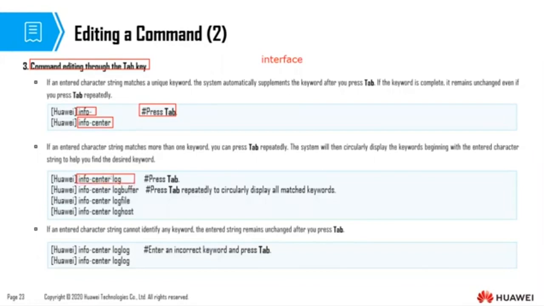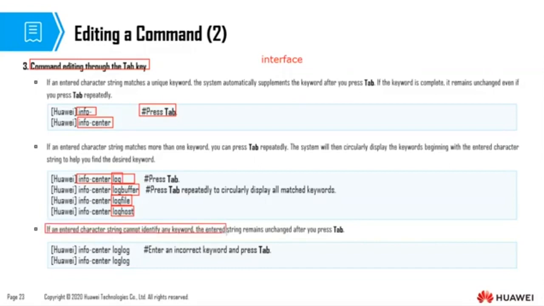We have info center space, then we've entered log. If we press tab once, it's going to autocomplete it to log buffer. If we press tab again, it's going to circulate to the next word that starts with log. If we press tab again, we get to the next word that starts with log. So I hope you understand what that means.